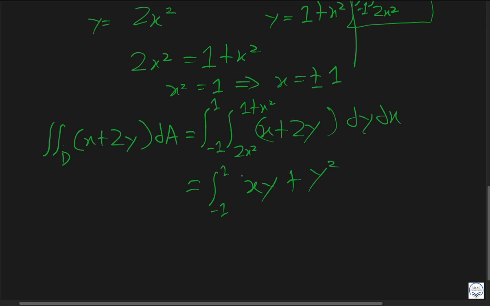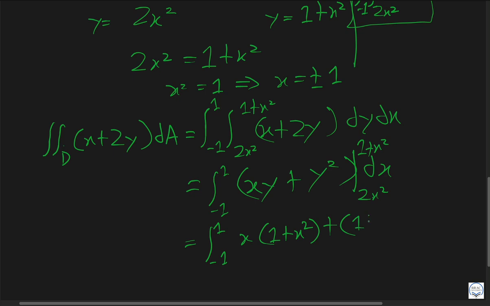It should be y squared by 2, right? And there is 2 over here, so the 2 will cancel, times dx. Now we have to remember to keep the limits in. So now we will put 1 plus x squared in the place of y.